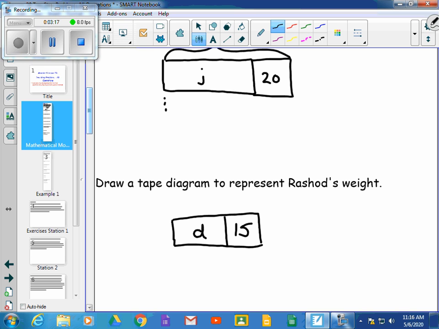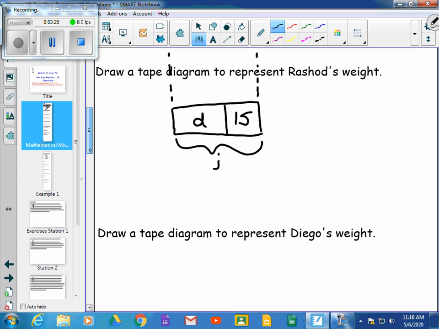Make sure that you make them the same size. It's kind of hard, but remember that they're the same size as the J. The D plus 15 is equal to J, which is Juan's weight from last year.